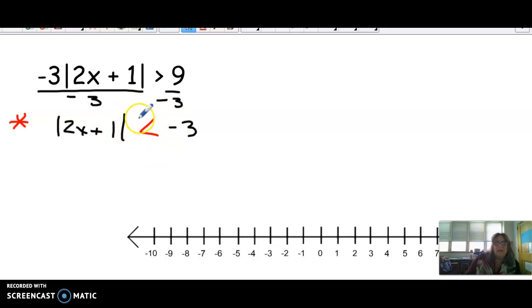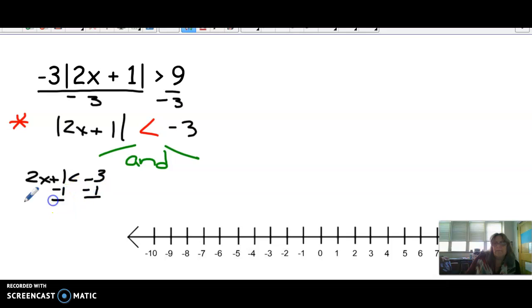This is less than. Less than, remember, is an and problem. So when we separate these two problems, we have 2x plus 1 less than negative 3. Subtract 1. 2x is less than negative 4. Divide by 2. So x is less than negative 2.